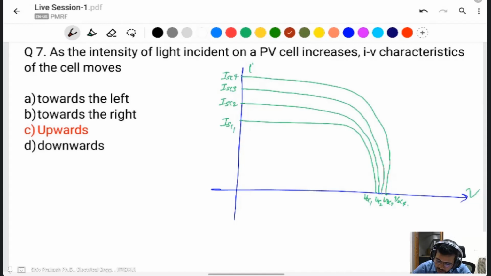If you take this one as the original, then the whole characteristic is shifted upward, not downward, not left or right. We can say it shifted in the upward direction if you increase the intensity of light incidence, which means an increase of the insolation.